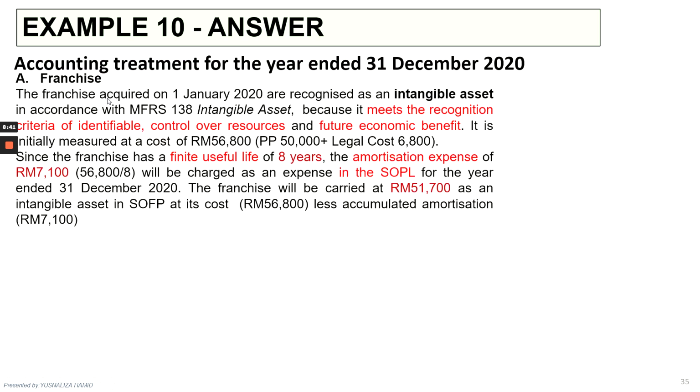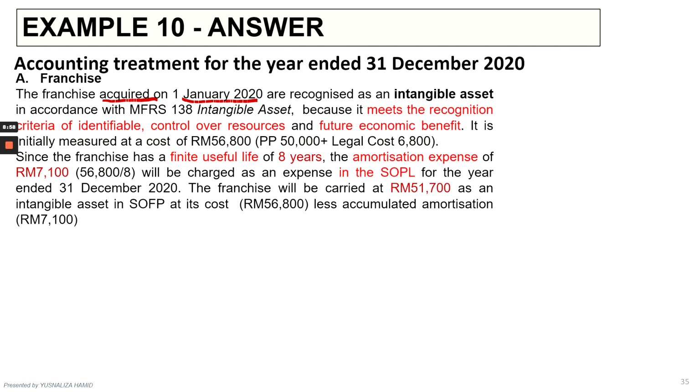So what is the accounting treatment for the franchise? It will be recognized as intangible asset. Remember, it was acquired on 1st of January 2020. So it's a separate acquisition, and that is also meeting the recognition criteria.